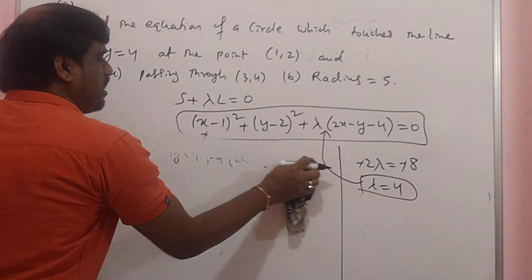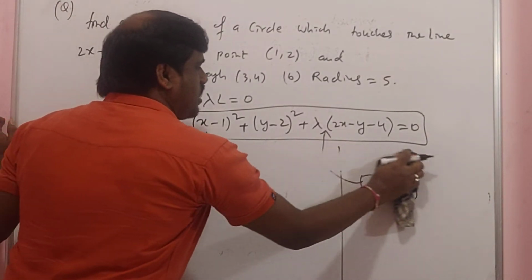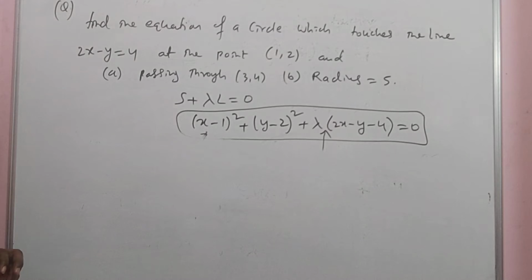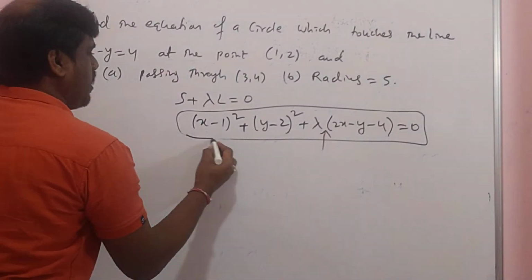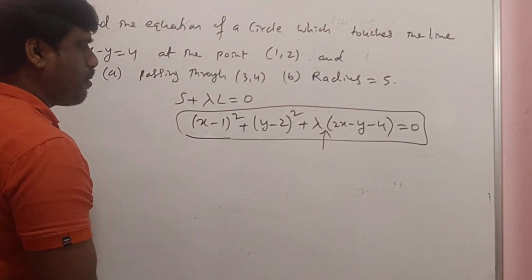Now let us see the second question here. The question is: radius is 5 units. So when they said radius is 5 units, first of all you have to make this circle in the proper form.